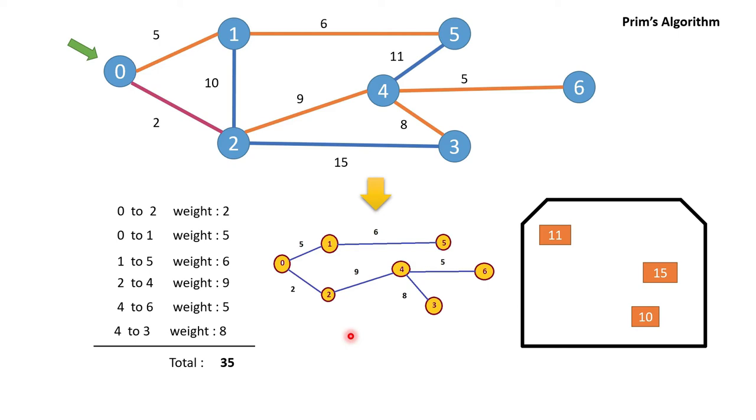Now, before moving to the programming part, one thing I have to tell you. I have used one bucket where I was putting the new edges which are adjacent to my previously discovered nodes, and then I was picking up the minimum weight edge.